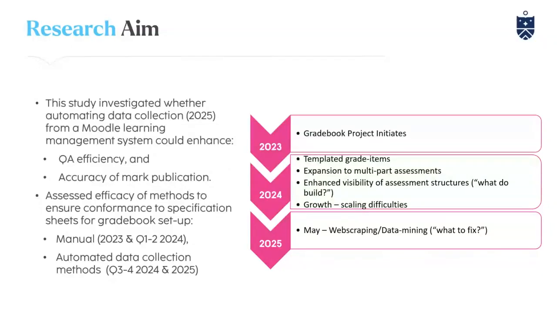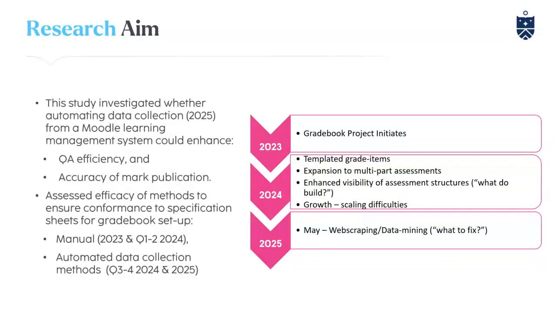In 2023, we initiated our gradebook project the first time, and we had not fully expanded to all of the types of assessments. And in 2024, we started using templated grade items to give more guidance to our stakeholders. We expanded to more types of assessments to be included from a gradebook setup point of view for our learning design team.